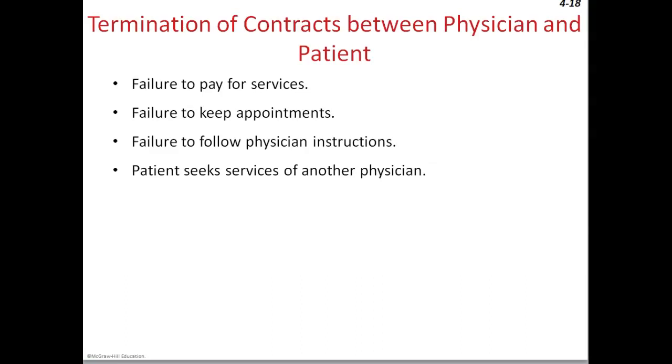And lastly, if the patient seeks the services of another physician and the patient acknowledges this, either orally or in writing, then the physician can terminate that relationship. The proper procedure, though, is to document this on the patient's chart, send a certified letter, and put a copy of that letter in with the patient's records.